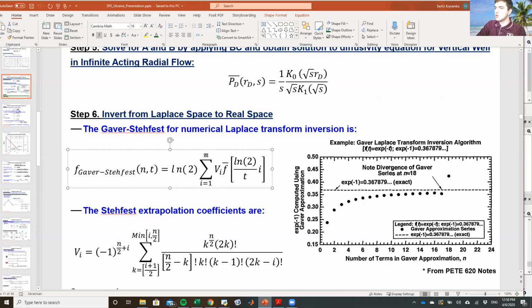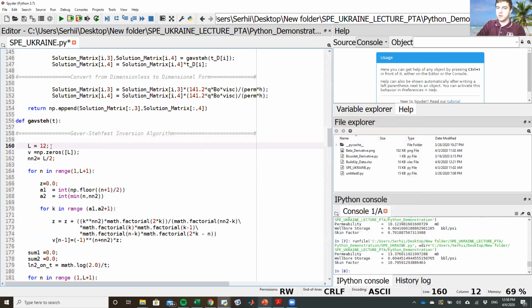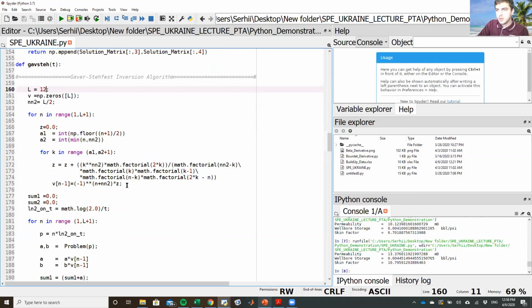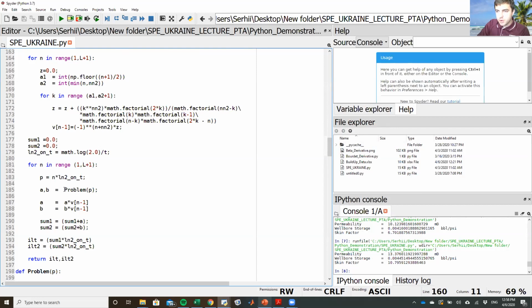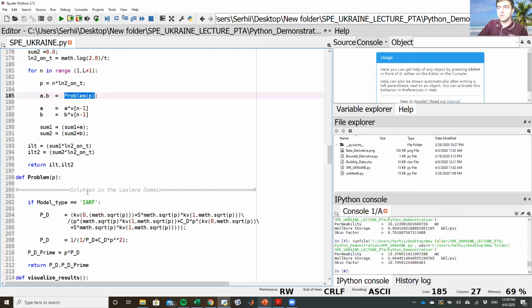We have to be very careful with that. For now, let's stick with simply 12. And this is the Gaver-Stehfest algorithm mentioned before. Here we have our problem, our solution in Laplace space, in the Laplace domain.